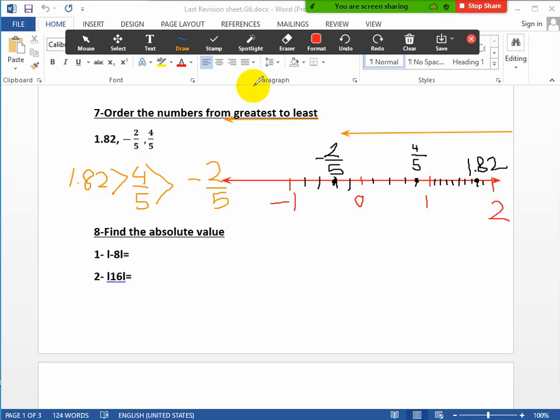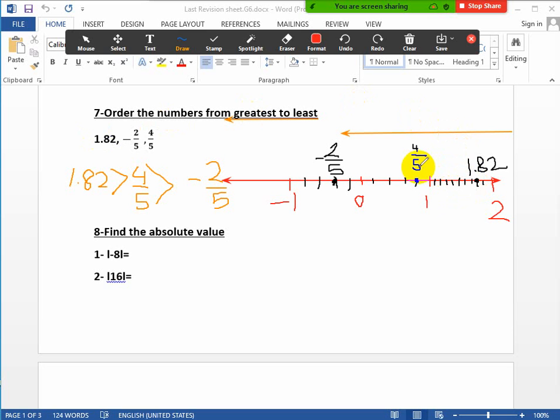Which one you don't understand? Question 7. Okay, look, we locate the numbers on the number line.